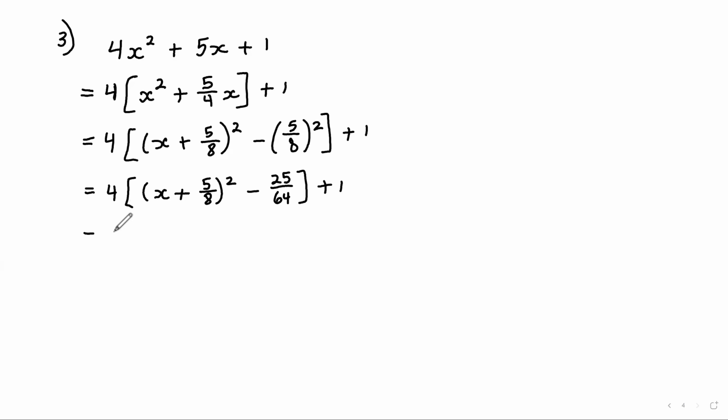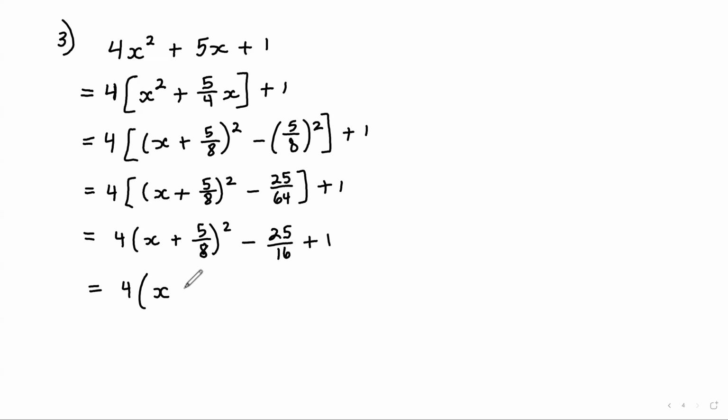So this would give me 4 by x plus 5 over 8 squared minus 4 times 25 over 64 is 25 over 16 plus 1. So this, again, I could simplify the 25 over 16 plus 1. So that will be 1 take away 25 over 16, which is negative 9 over 16.